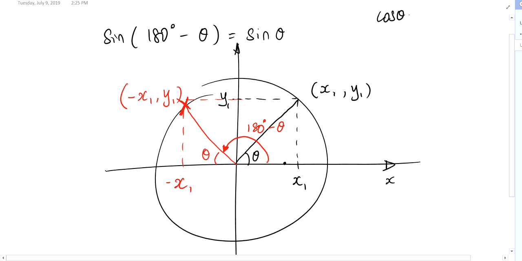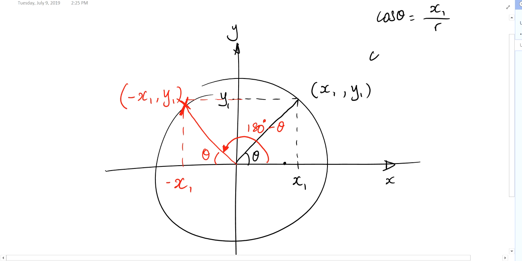Cosine theta equals, according to the diagram, is it x or y? X. x1 over r. What about cosine of 180 degrees minus theta? Negative x1 over r. Are these two the same?